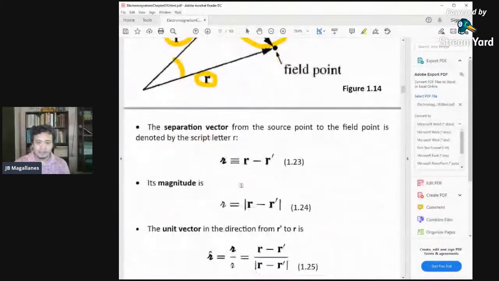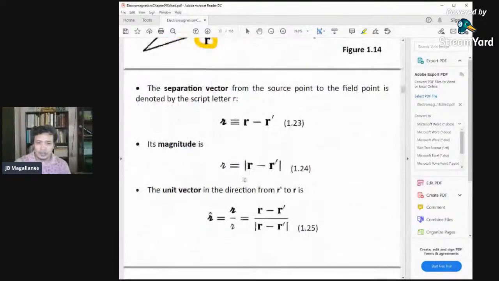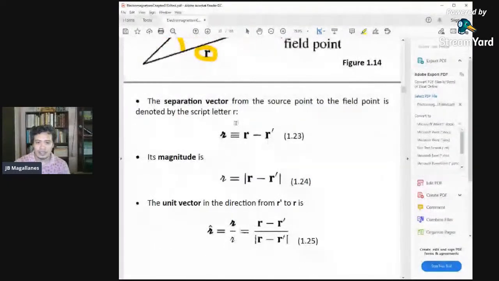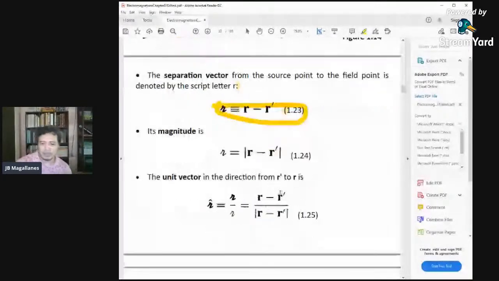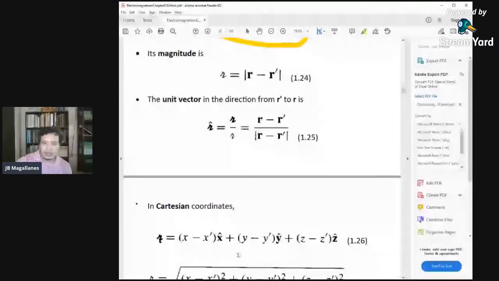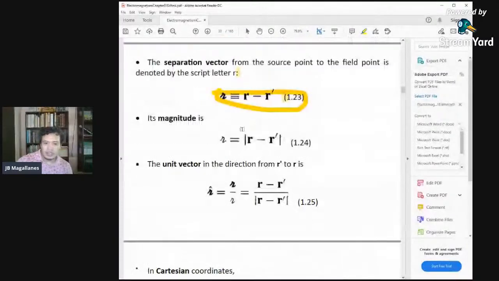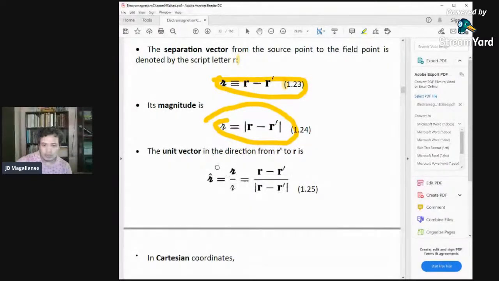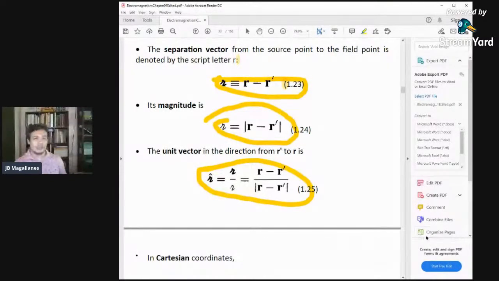So that's the separation vector, represented by r minus r prime. How do you get the magnitude? It's just the difference. You can get the modulus of this, and then the unit vector is also calculated by that formula.